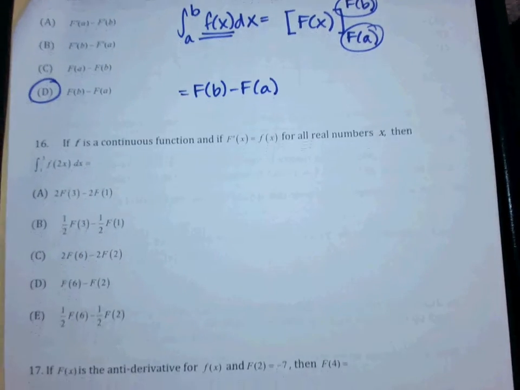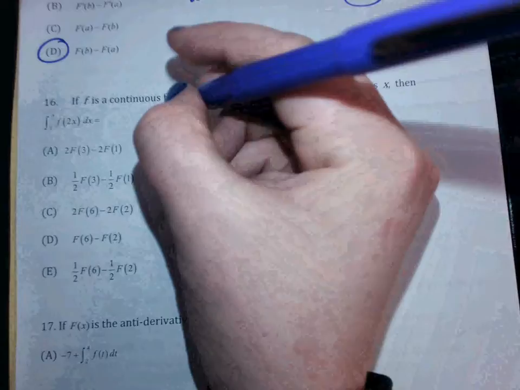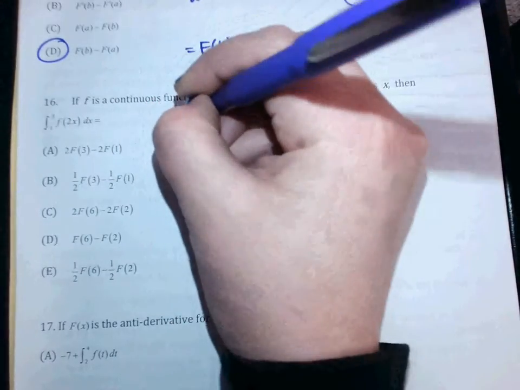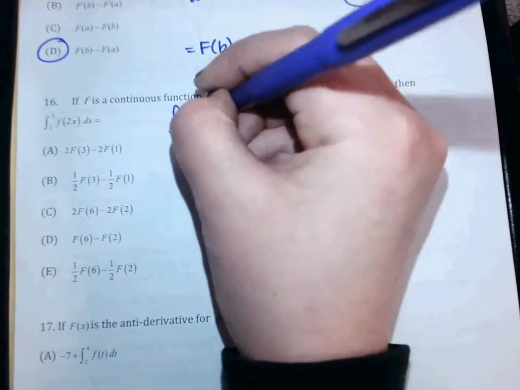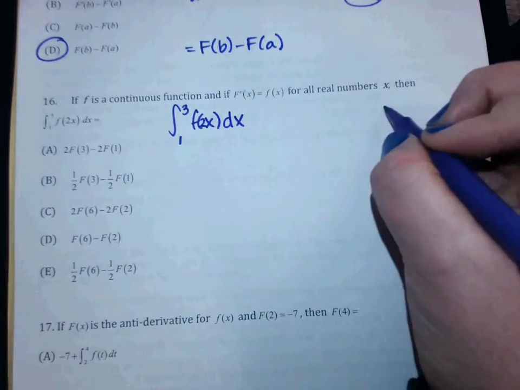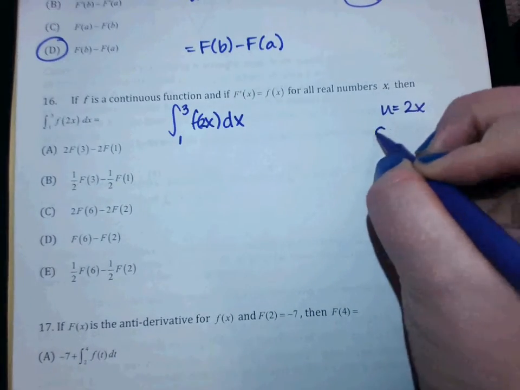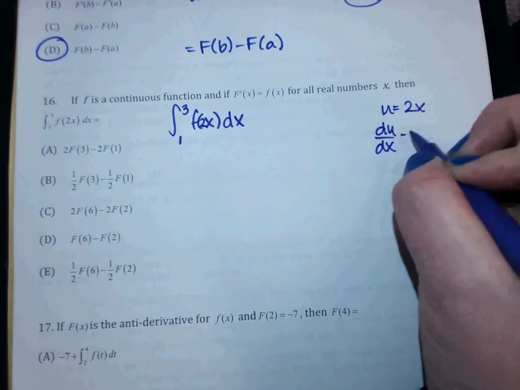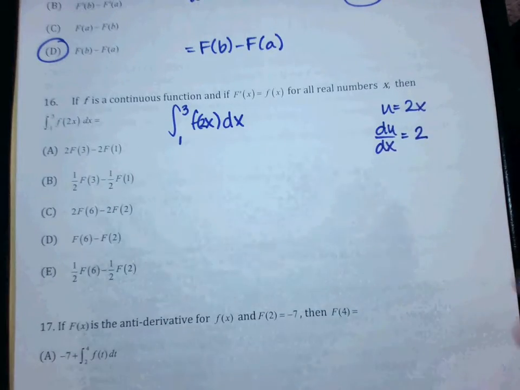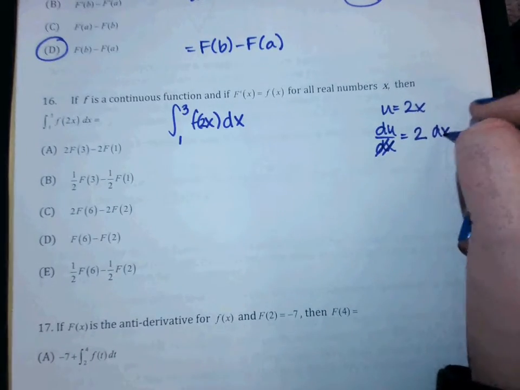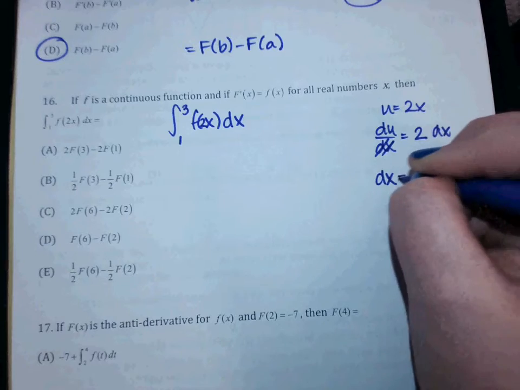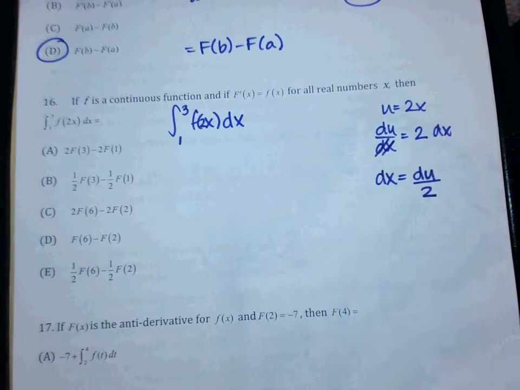So what will I choose as my u for number 16? Okay, good. So my u is going to be 2x. What does that make my du dx? Just a 2, which means that my dx will move up and my 2 will move down.